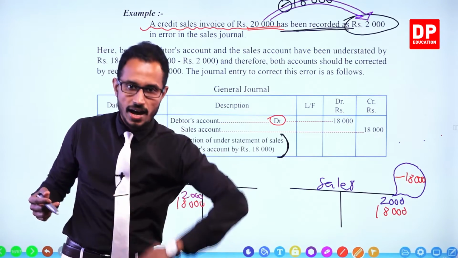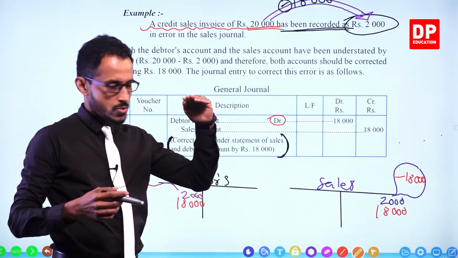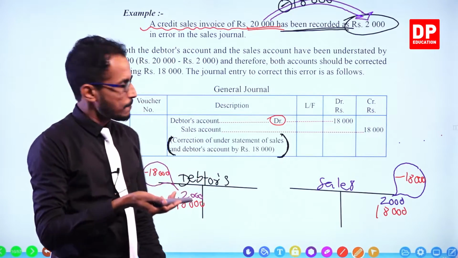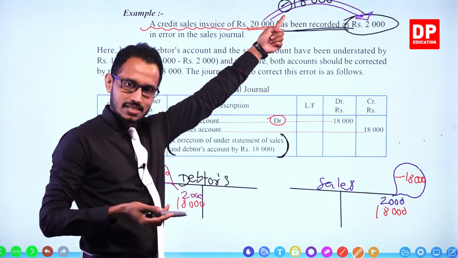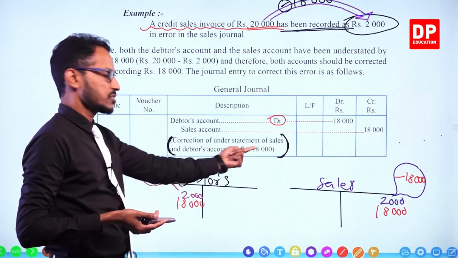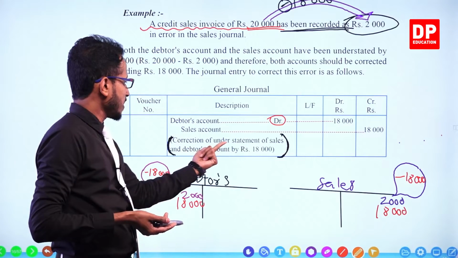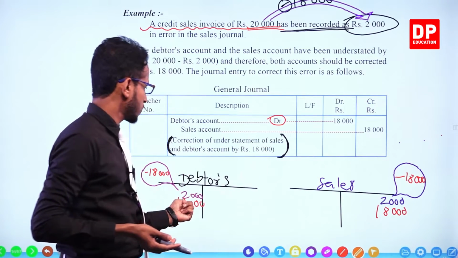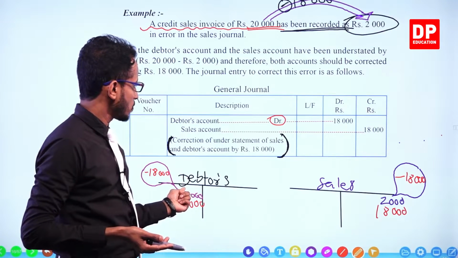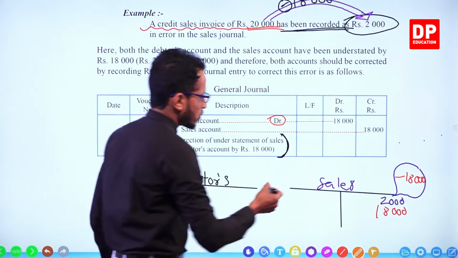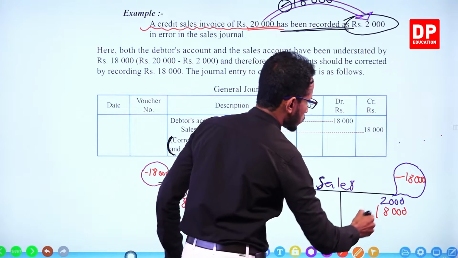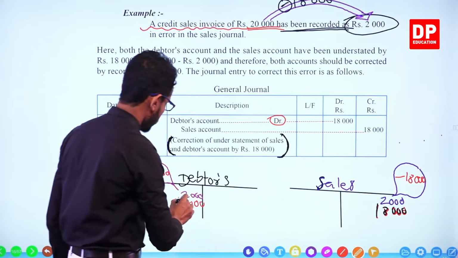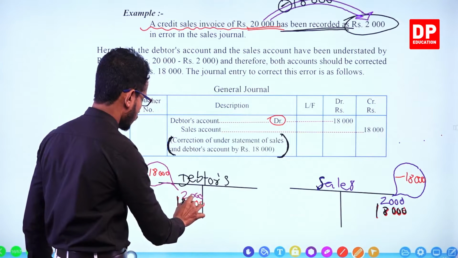That is understating. Here it is 18,000 lesser. So you write the narration likewise: correcting the error of understating sales account and debtors account by 18,000. So you enter 18,000 to sales account and debtors account.